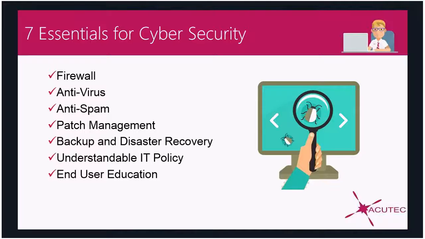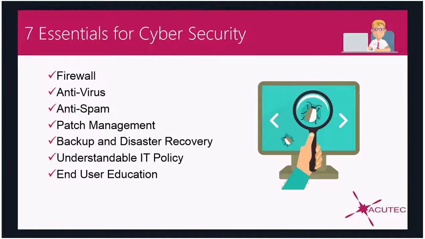So first of all, firewall is really a device which sits on the perimeter of your network to make sure people can't access your network. Antivirus is an application which sits on your local device, sits on your servers, protects you and does scans against viruses. Anti-spam protects your email to stop any unwanted emails coming in.